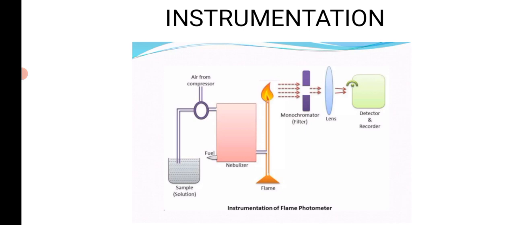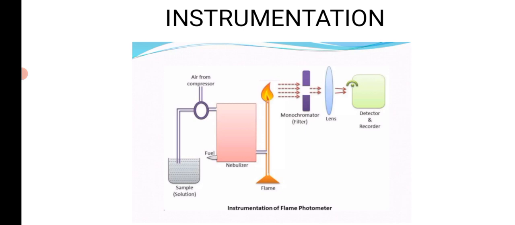It also needs a compressor, with compressed air to come in contact with the metal atoms. With the help of this compressed air, the solution is picked up from the container and thrown into the flame.